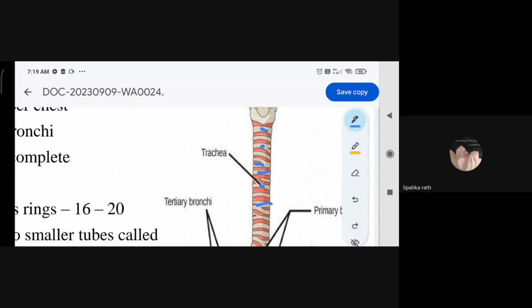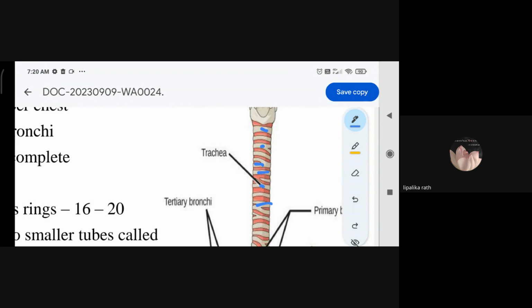And the main thing about these is they are not completely round. They are not covering the back side; they are only covering the front side. So you can say that these cartilages are not ring shaped. They are C-shaped cartilages, meaning they are open at the back side.